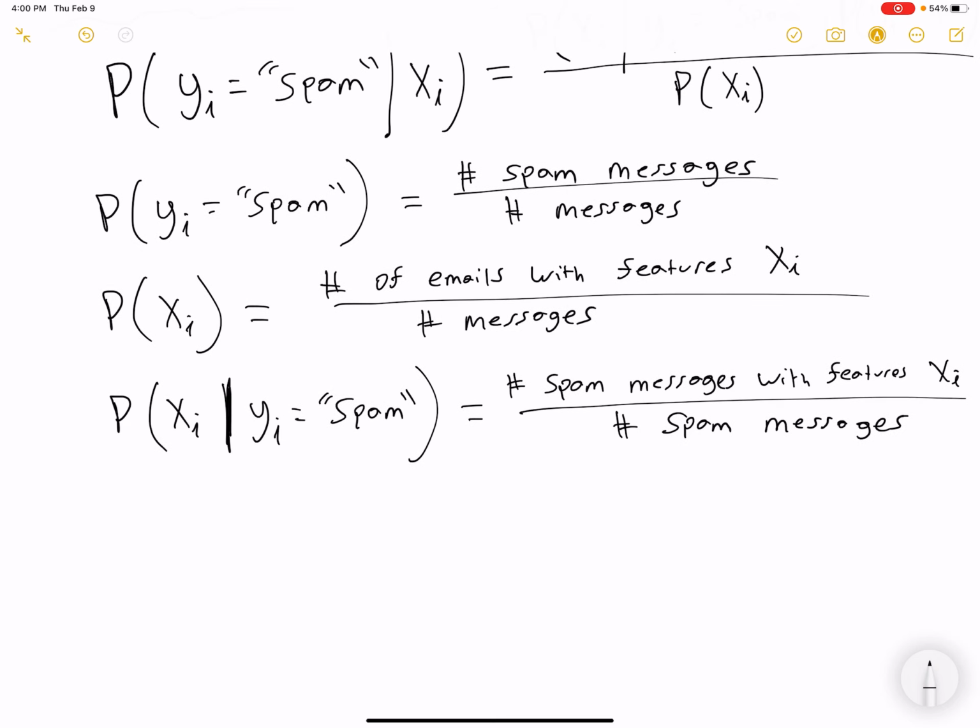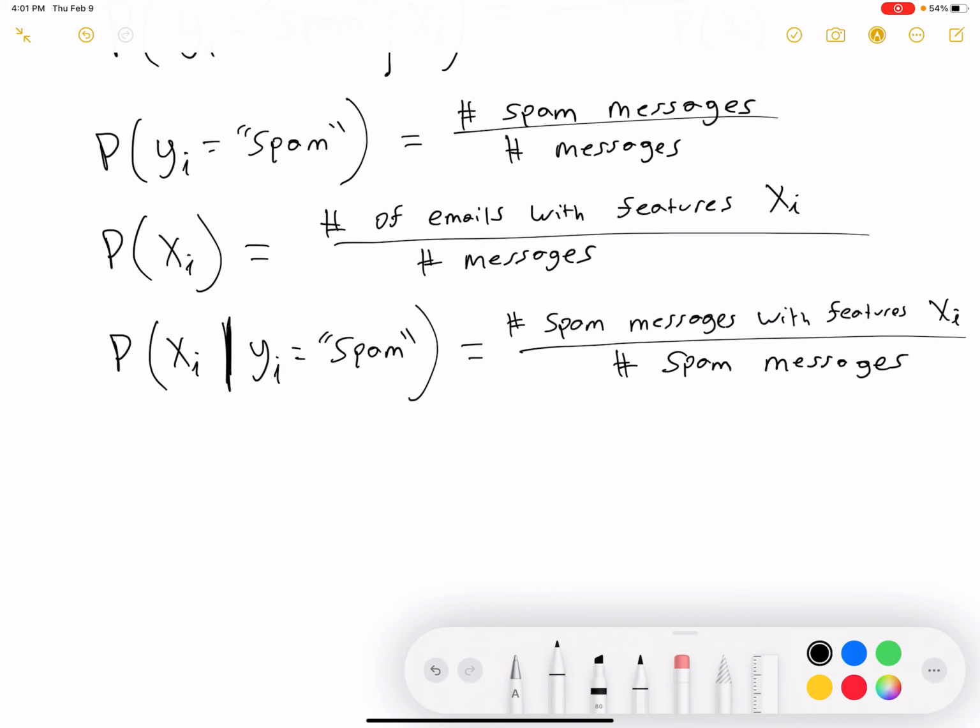Because we're conditioning on yi being equal to spam, or the label being spam. So we're dividing by that because the only points we're considering are those that are spam, and we're counting the number of points with features xi that are also spam messages.